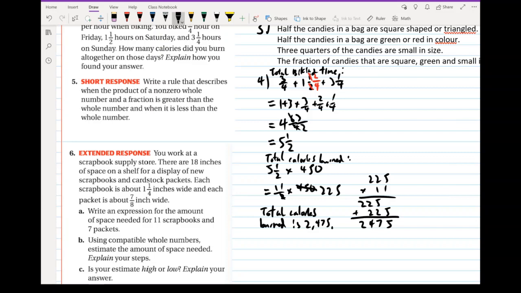Question 5. Write a rule that describes when the product of a non-zero whole number and a fraction is greater than the whole number, and when it is less than the whole number.